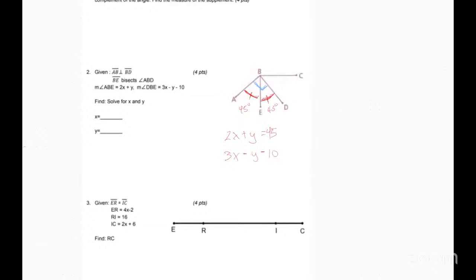So they want us to solve for x and y. This is a system of equations. Do you remember doing this in Algebra 1? So what's the first step?